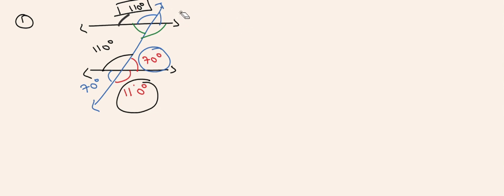So if you find out this angle, let's call this x, you will subtract 110 degrees from 180, which is equal to 70 degrees.